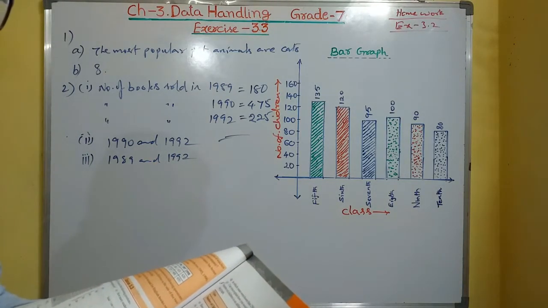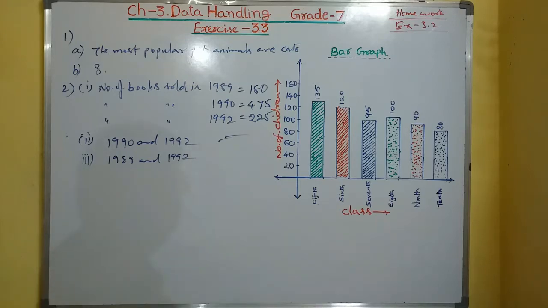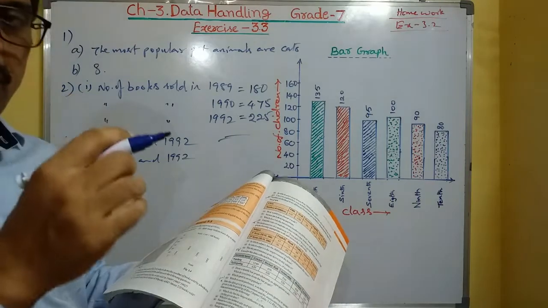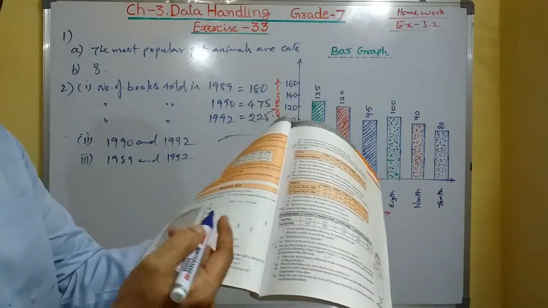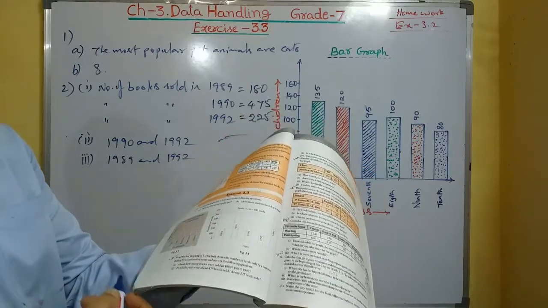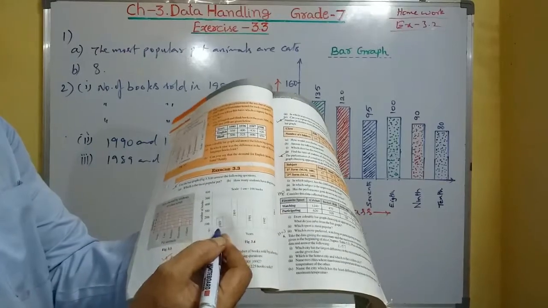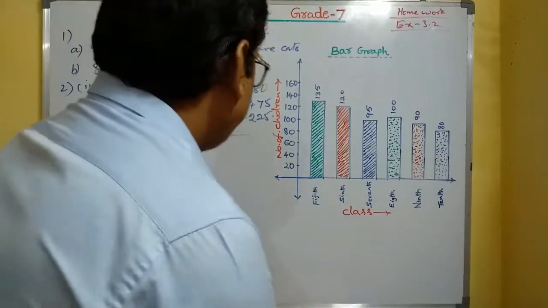The fourth problem. Can you explain how you would estimate the number of books sold in 1989? To tell the number of books sold by the shopkeeper in 1989, we have to observe the height of the bar. By observing the height of the bar, we can say how many books were sold by the shopkeeper in 1989.